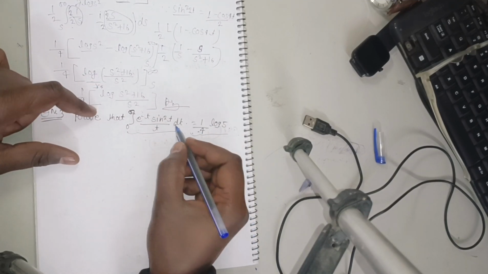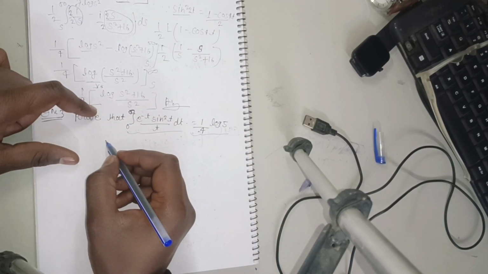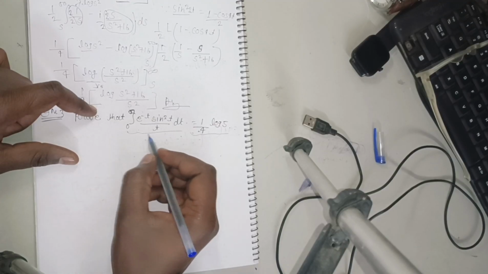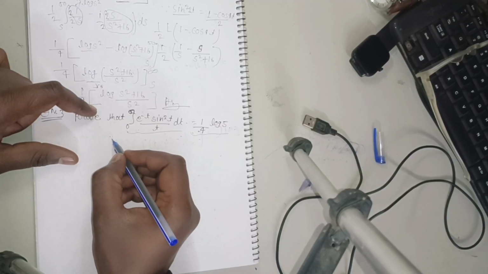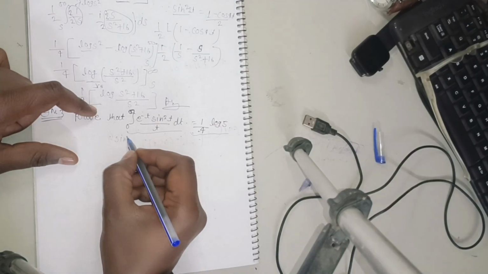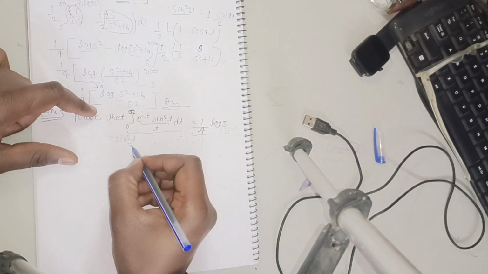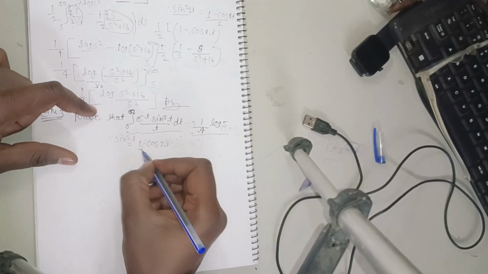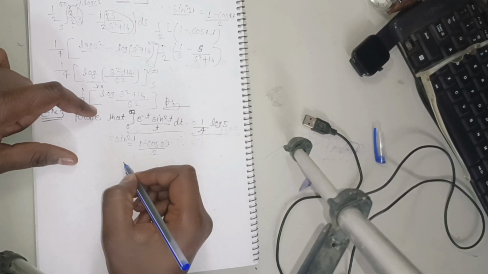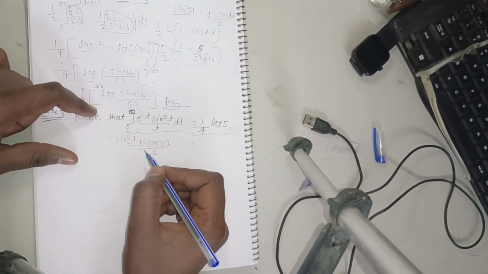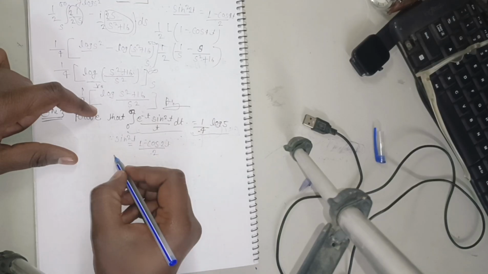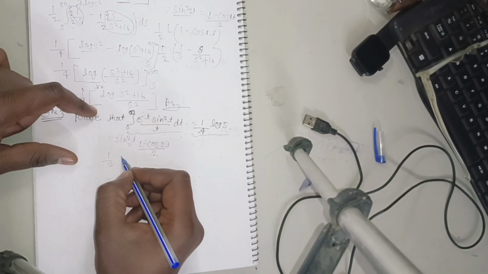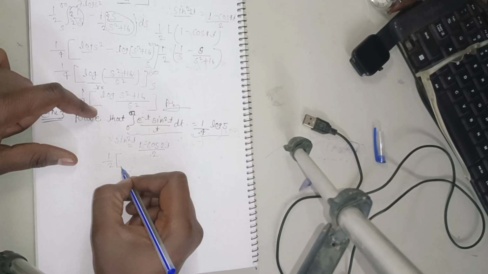So what we can do is simply find the Laplace of sin square t. I know the formula: sin square t is equal to 1 minus cos 2t upon 2. Now I can take 1 by 2 common, and Laplace of 1 will be 1 by s.